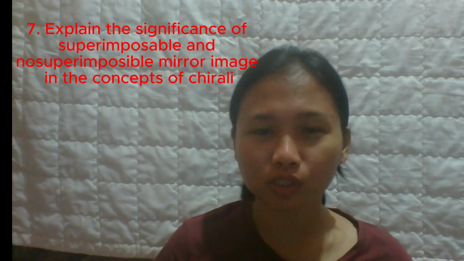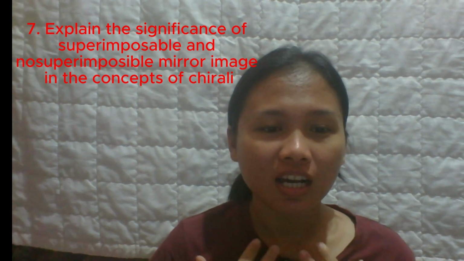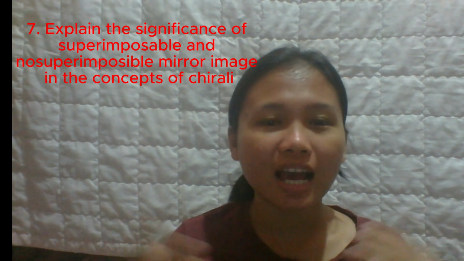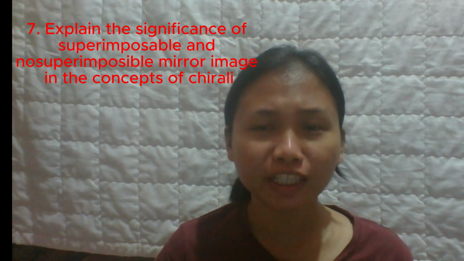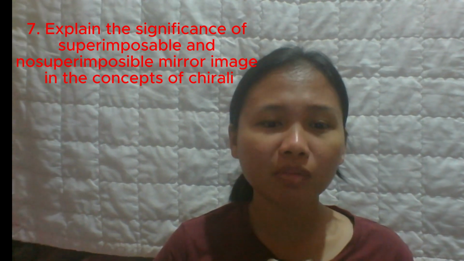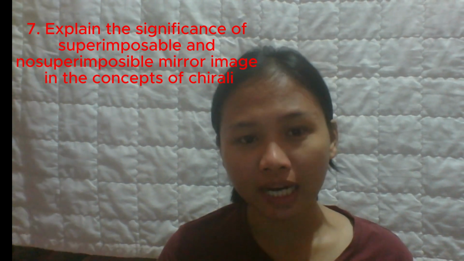Superimposable mirror images are known as achiral, meaning they can be rotated and aligned to perfectly overlap. Non-superimposable mirror images are chiral, meaning they cannot be perfectly aligned.